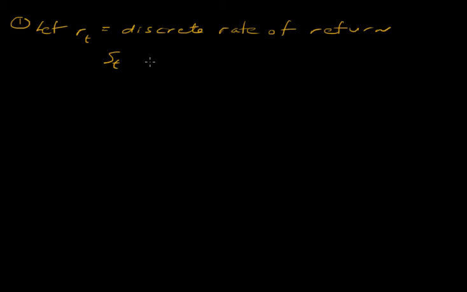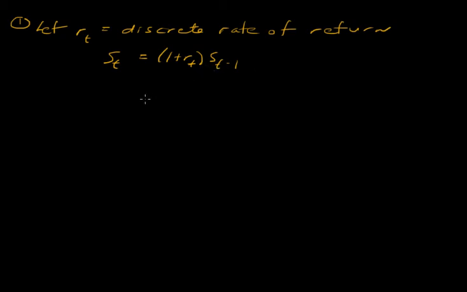The stock price at S_T would be simply multiplying the prior period stock price to get to the next period. That's what we mean by discrete, just like we've been doing with the time value of money.